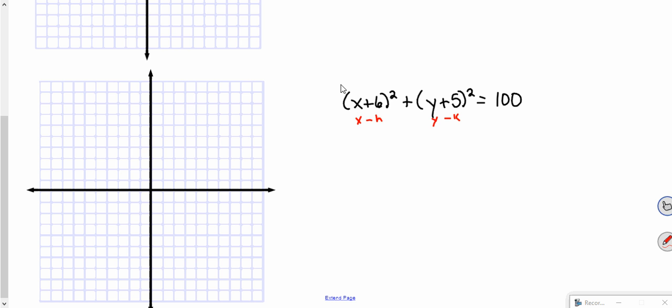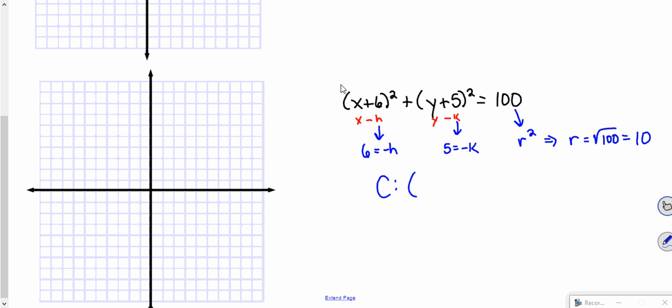So this tells me that 6 is equal to a negative h, and 5 is equal to a negative k. This is my r squared, so my r equals the square root of 100, which is 10. My center then is (-6, -5), and my radius is going to be 10.